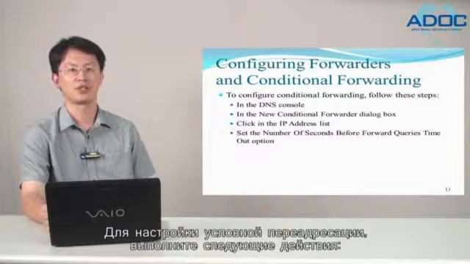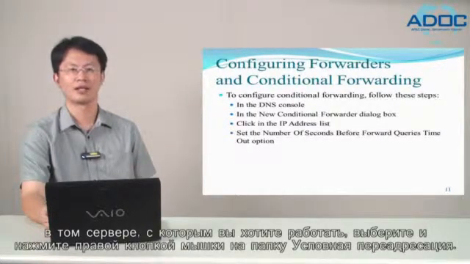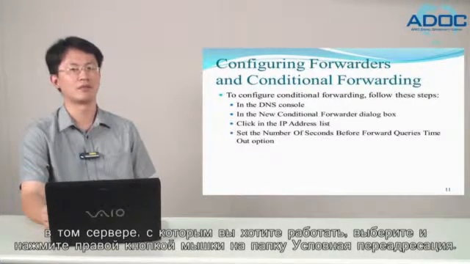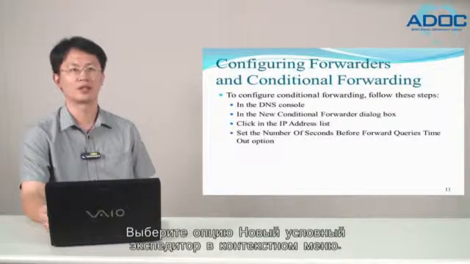To configure conditional forwarding, follow these steps. First, in the DNS console, select and then right-click the Conditional Forwarders folder for the server you want to work with. Select New Conditional Forwarder on the shortcut menu.